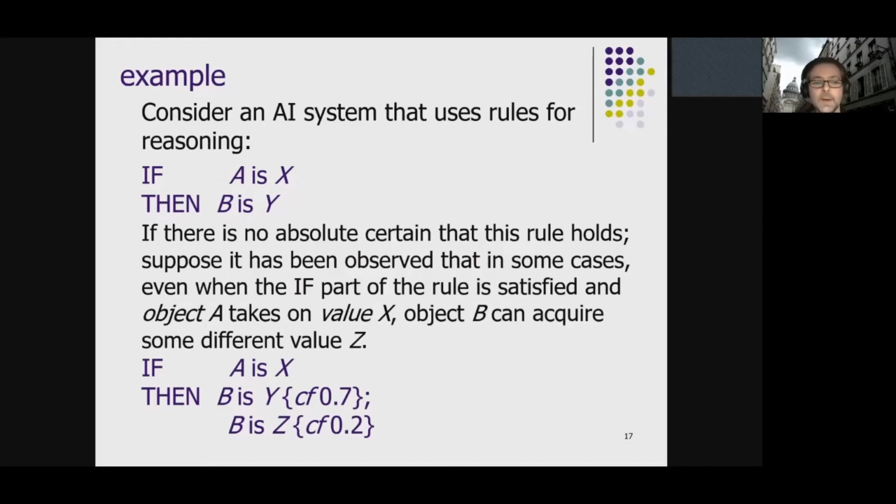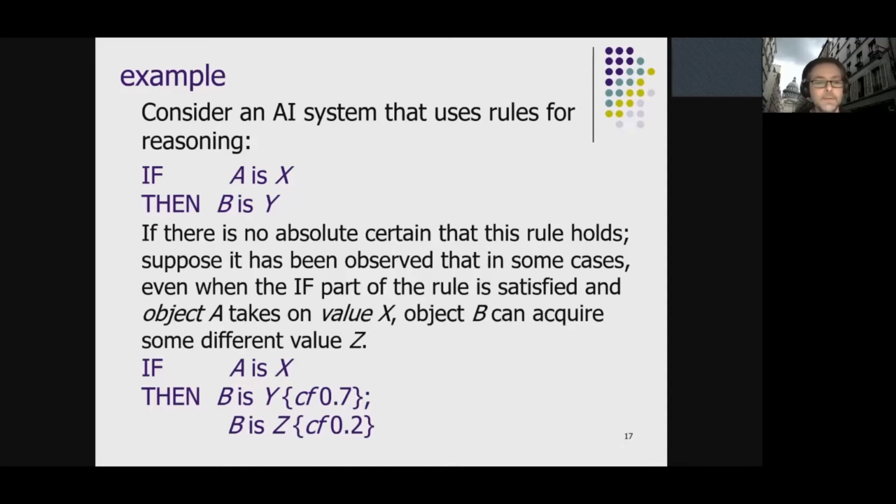I have a simple example here. Let's consider an AI system that uses rules for reasoning, like simple rules of that form. If A is X, then B is Y. There is no absolute certainty that this rule holds. And let's suppose that we observe some kind of evidence.